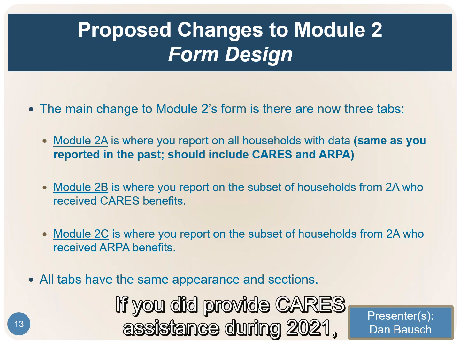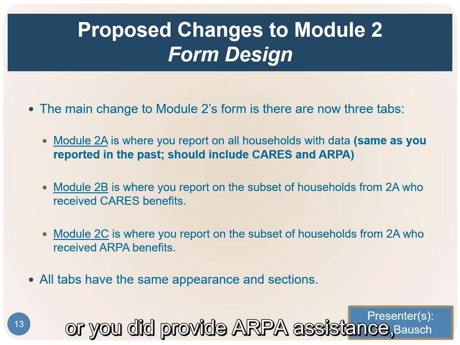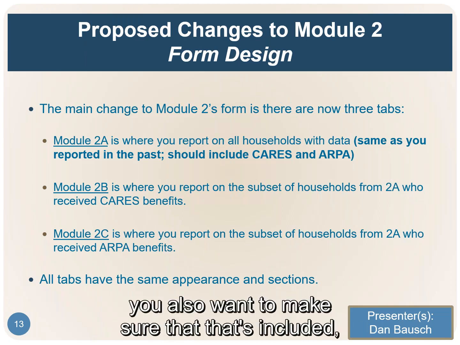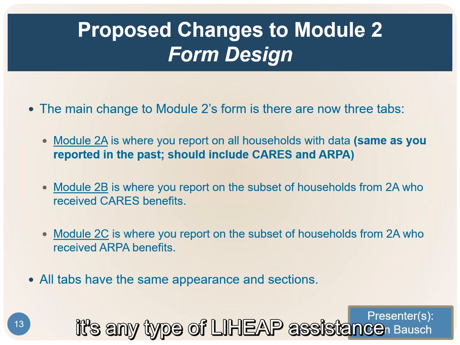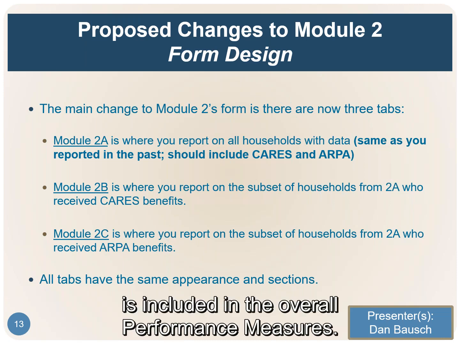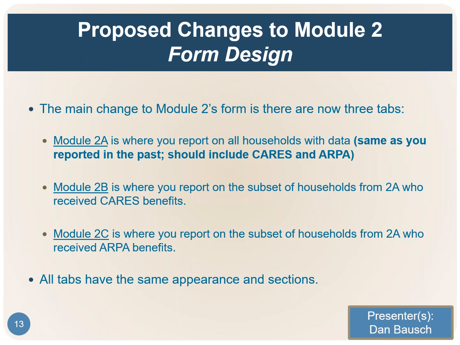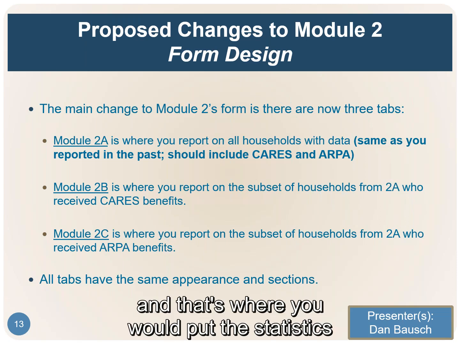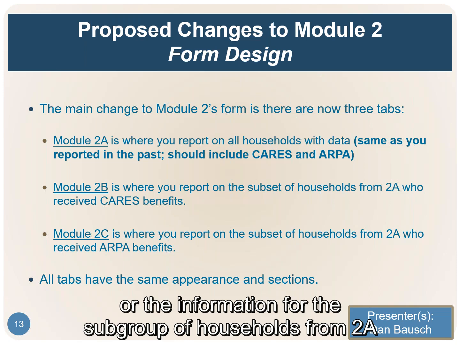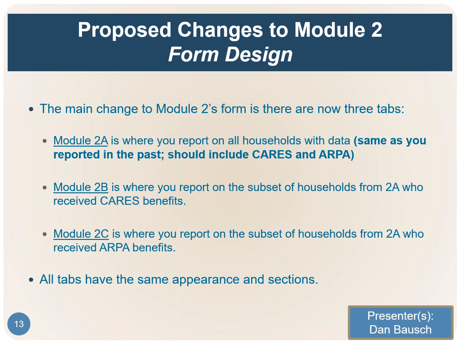If you did provide CARES assistance during 2021, or you did provide ARPA assistance, you also want to make sure that that's included. It's not just regular LIHEAP funds only. It's any type of LIHEAP assistance is included in the overall performance measures. Then there's a tab that's labeled 2B, and that's where you would put the statistics or the information for the subgroup of households from 2A who received CARES benefits.